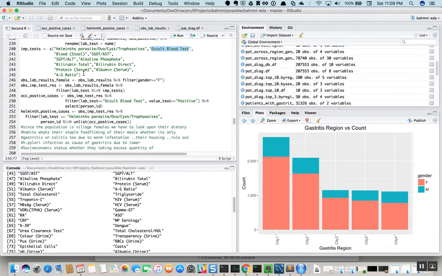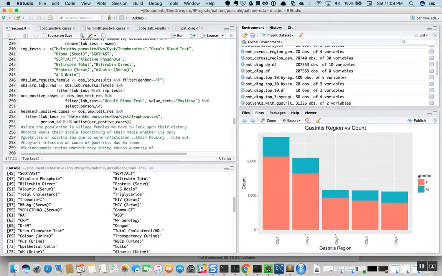To see if we can identify any correlations, I have filtered these lab results, which had results for all the patients, both male and female. I put a filter to concentrate only on the female patients. And from all the test results for the female patients, I concentrated only on these important test results.